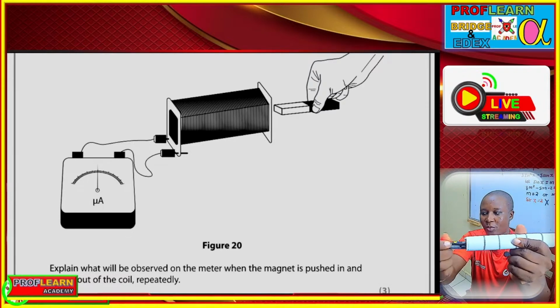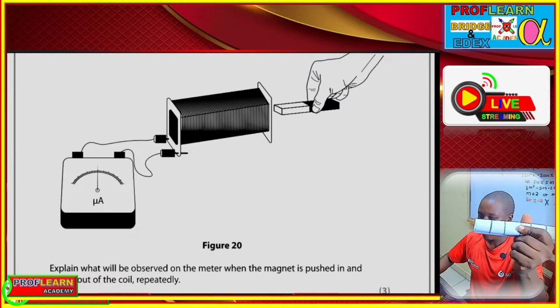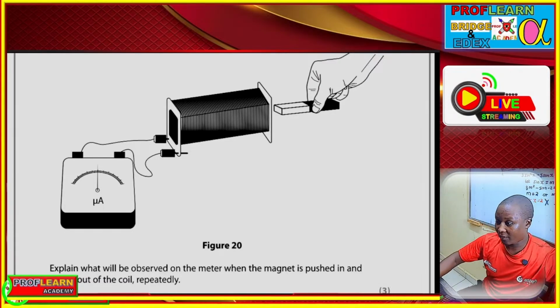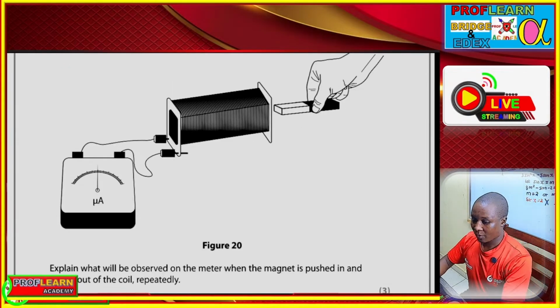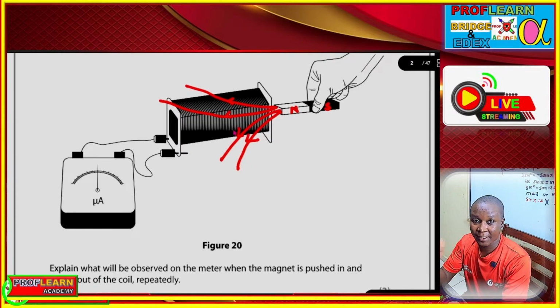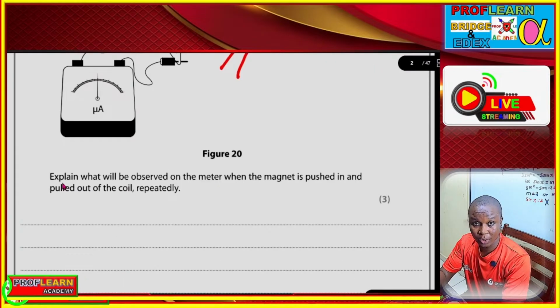Something that we need to realize is that this magnet has what we call magnetic fields, which are pointing from the north to the south like that. So when you are inserting the magnet in and out of the coil, the magnetic fields are going to cut through the coil.